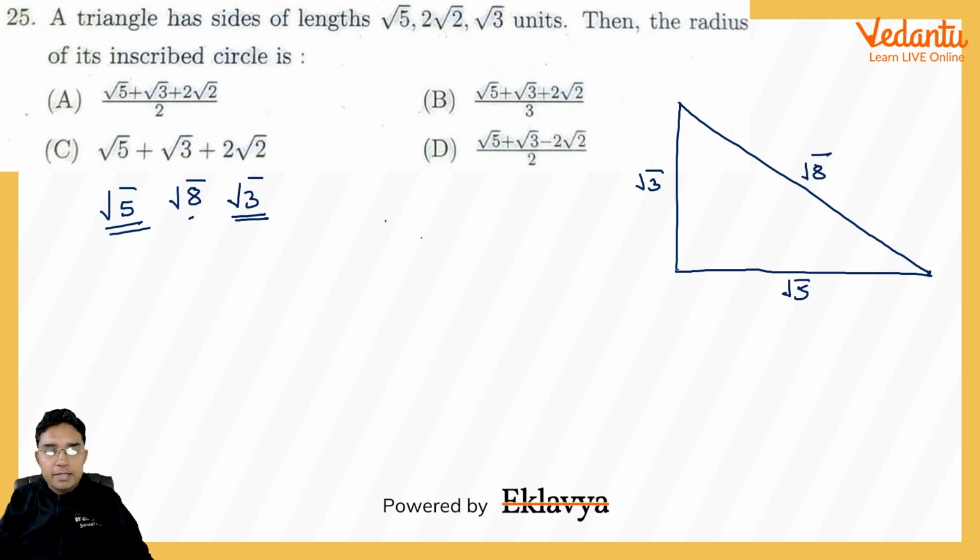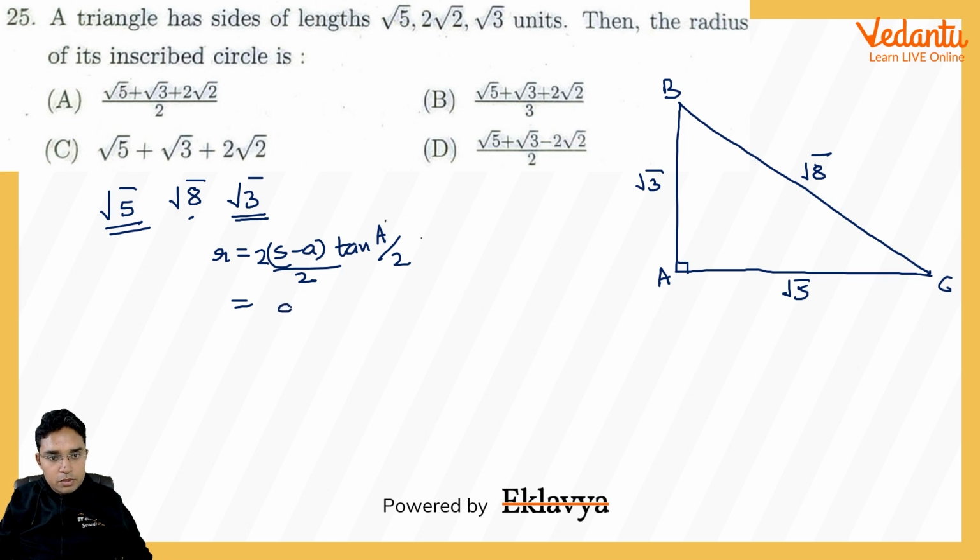And to find its incircle, I will use the formula small r is equal to (s minus a) into tan(A by 2), calling this vertex as A where the angle is 90. So you can check tan(A by 2) will be 1, and s minus a, let me write this as multiplied by 2 divided by 2.